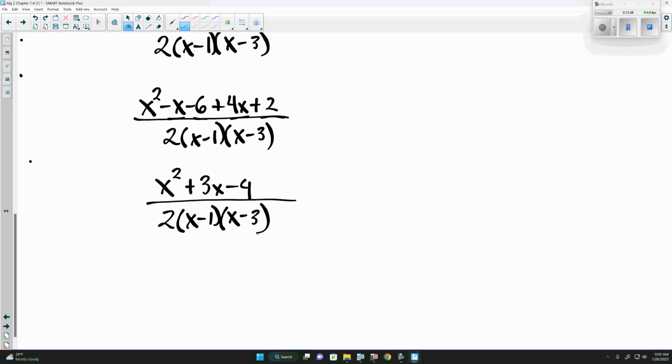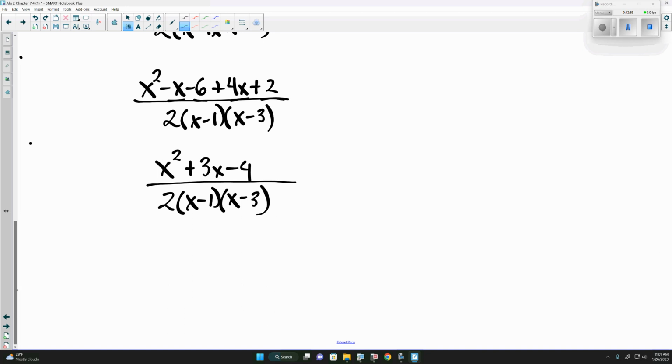Any questions on how we got to this point here? Will x squared plus 3x minus 4 factor? Well, we can check to make sure. So our b squared minus 4ac, because if we plug this into a calculator where a is the number in front of x squared, which is 1, b is the number in front of x, which is 3, and c is our constant term.